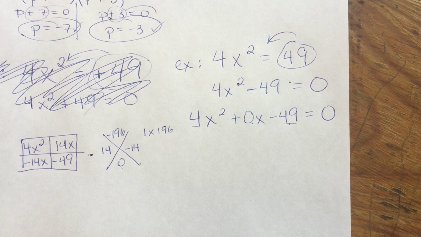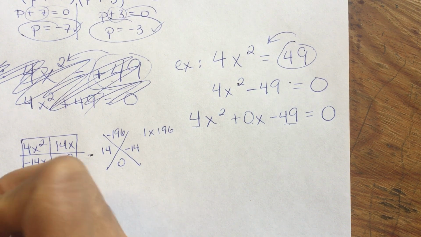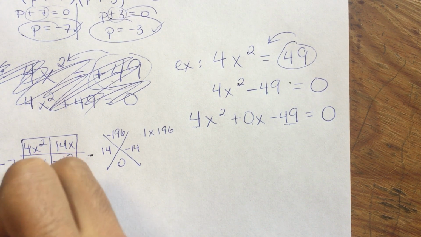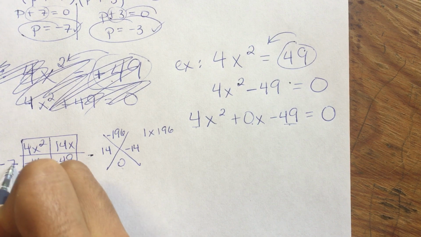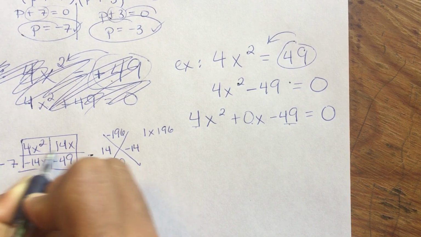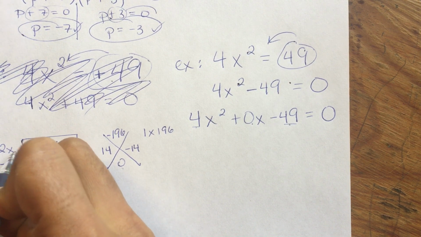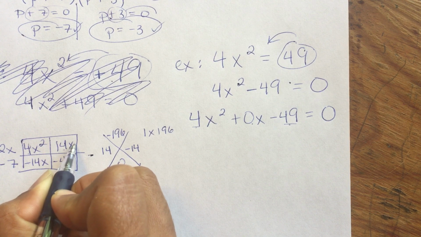Okay, and then let's start pulling out our GCFs and find out how this factors. What is the GCF of negative 14 and negative 49? It'll be negative 7. Box closest to me is negative, so negative 7. What is the GCF of this first row right here? It looks like I can divide everything by 2, and also my lowest power of x is 1.